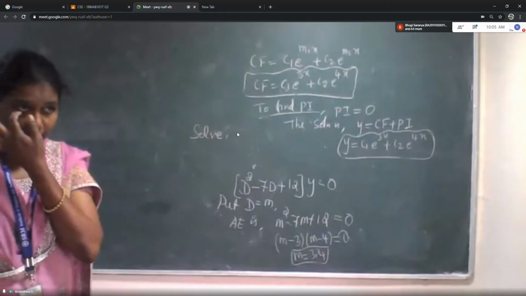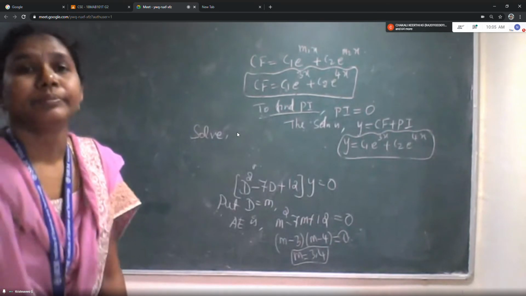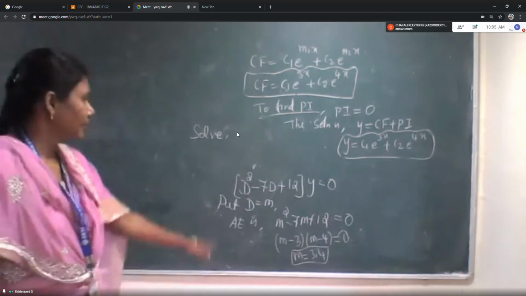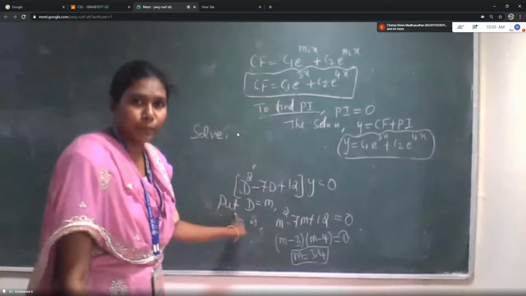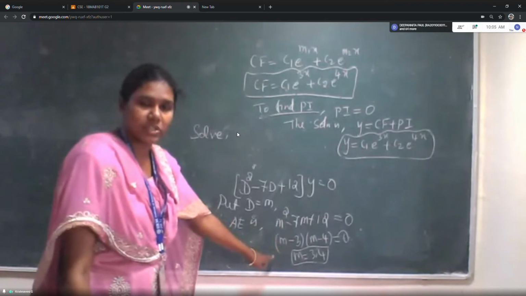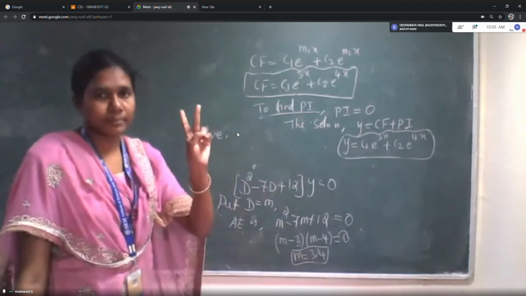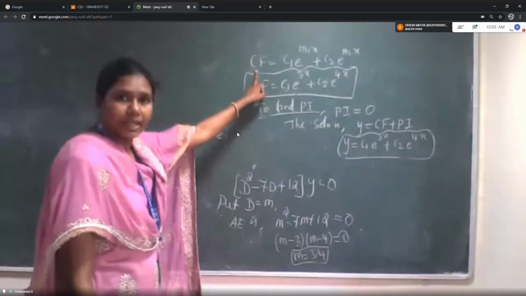If you have any doubt in this problem, ask me. This is our given question. First, you write the auxiliary equation by putting D equal to m. We got this, and then solving this equation, we got 2 roots, unequal roots. This is the complementary function for unequal roots.